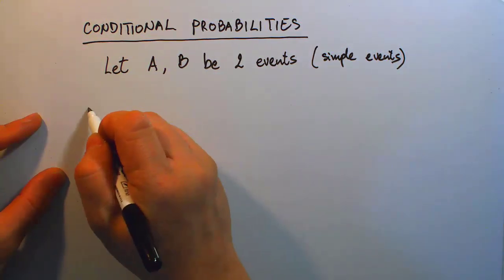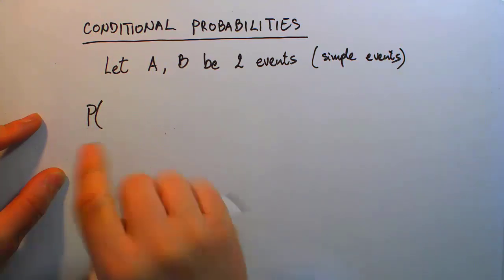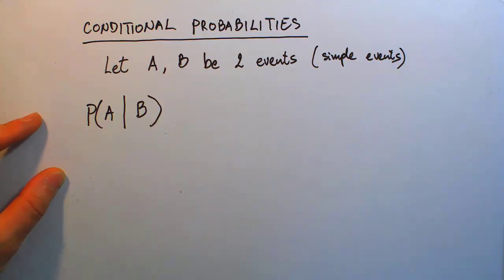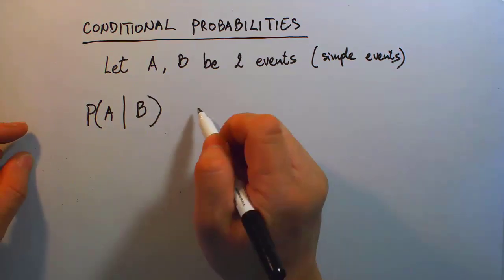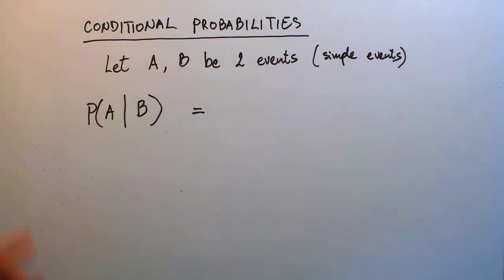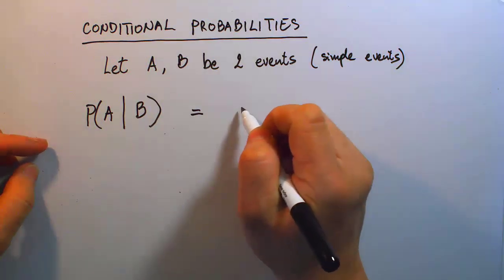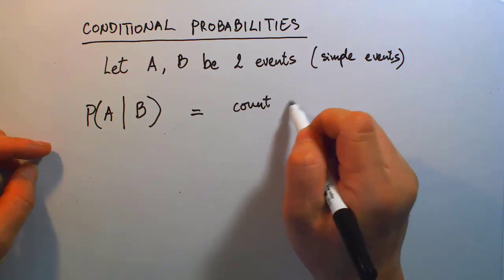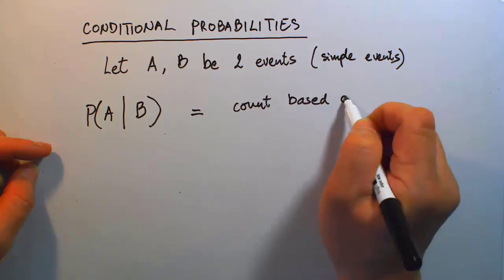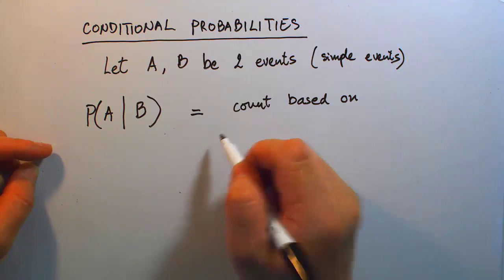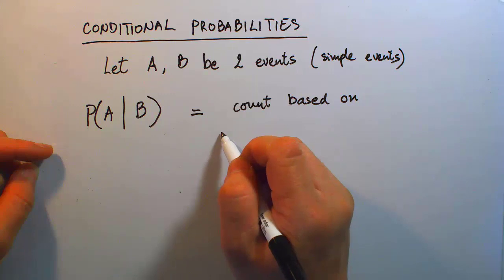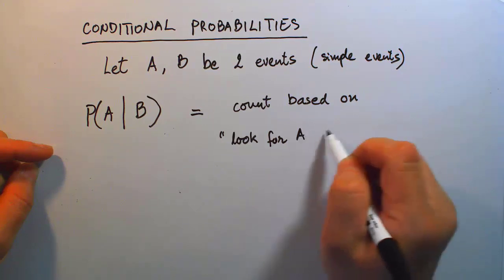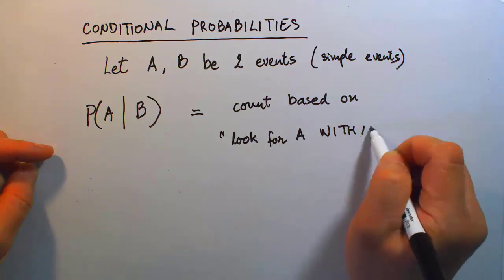Symbolically, we're looking for the probability of the event A given that we are in the event B. And so one approach, we can just simply rely on the fundamental that I explained. We give the count. We look for A, but within B.